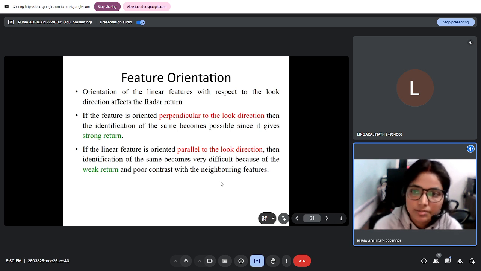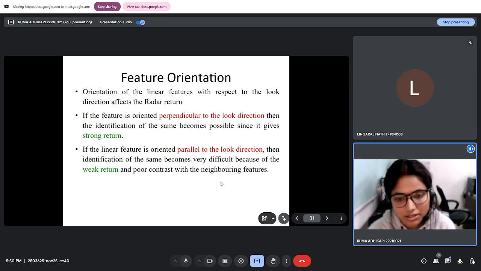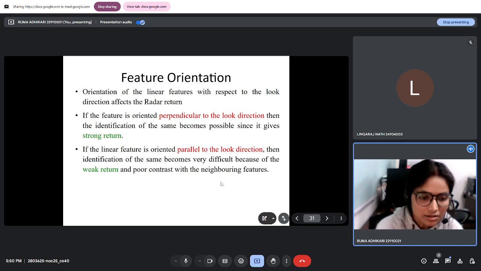So the orientation of linear features with respect to the look direction affects the radar return. Orientation with respect to what? Orientation with respect to the azimuth direction. We measure it that way. Azimuth direction is the direction in which the flight of our sensor is moving.